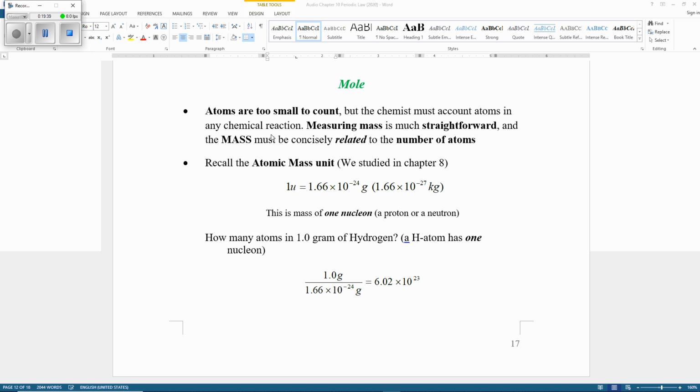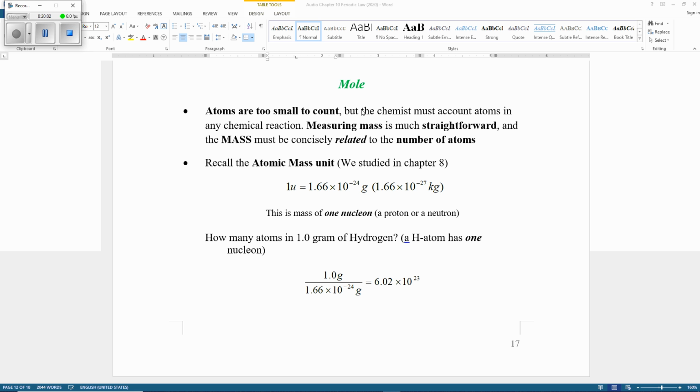So why do we study this? Because when we count atoms, you know the number is huge. The atoms are too small to count. If I have one small beaker of water, how many molecules are inside? Trillions of trillions.